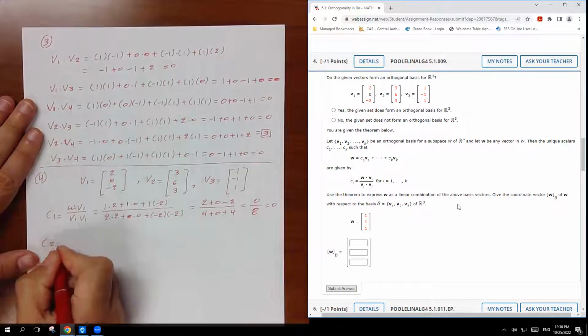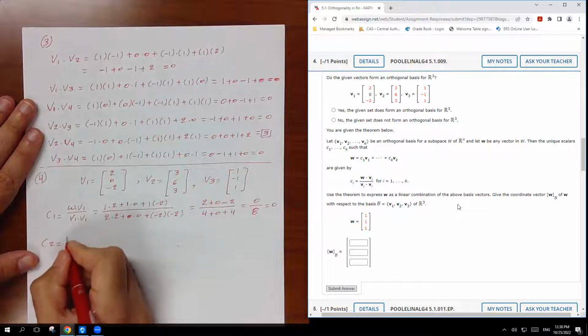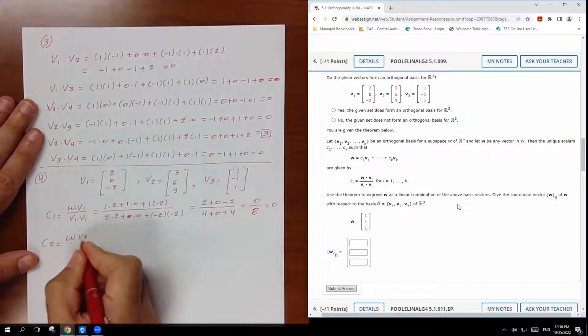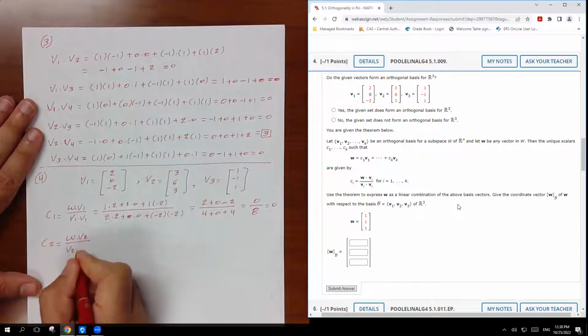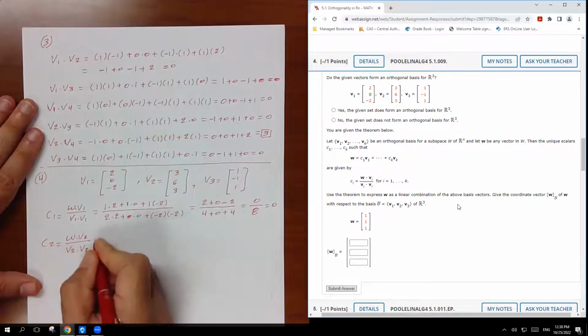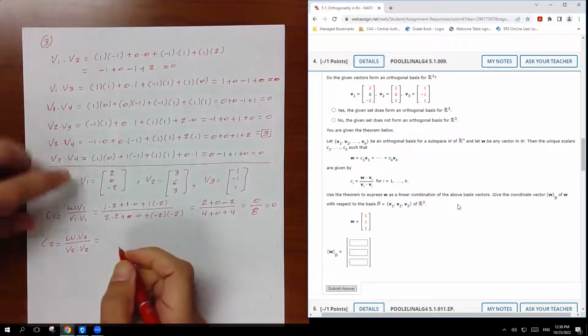C2 is going to be the subspace W dot product with V2, over V2 dot product with itself.